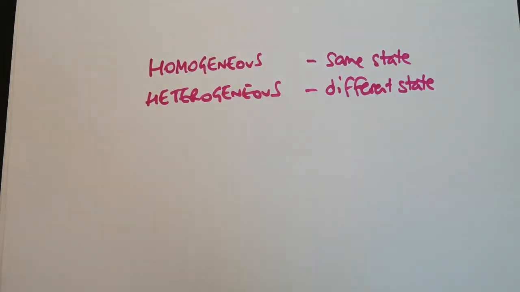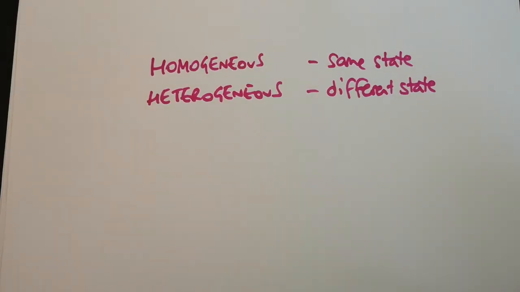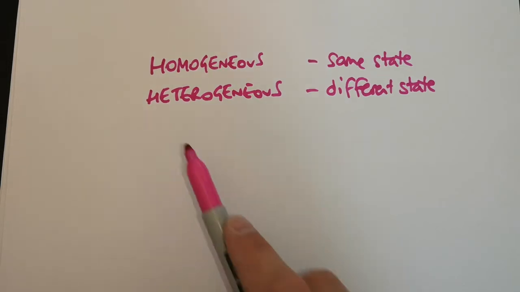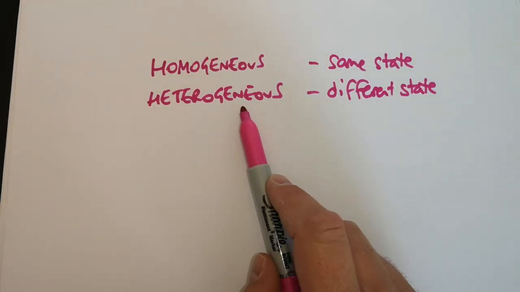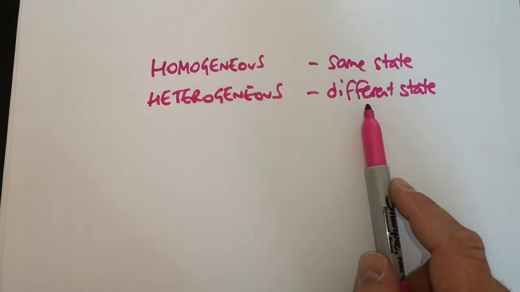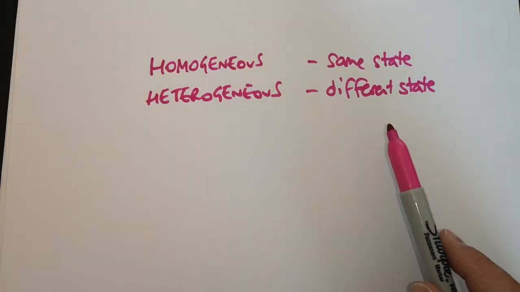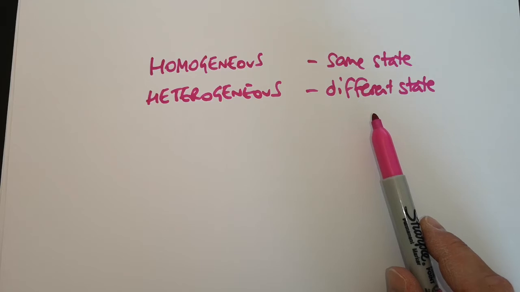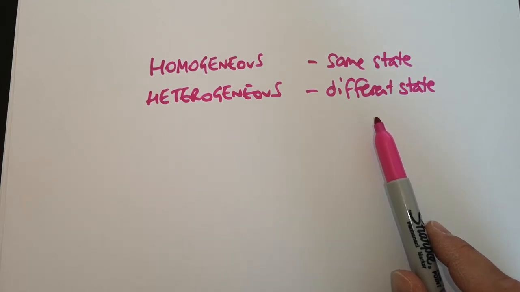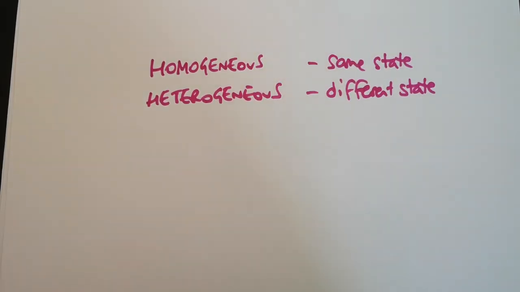Most common example of that would be something like an acid catalyst, where everything is dissolved in water, everything is aqueous. In a heterogeneous catalysis reaction, the catalyst is in a different state from the reagents. Most common example here is maybe when the reagents are gaseous and the catalyst is a solid. So a good example of that is a catalytic converter in a car.